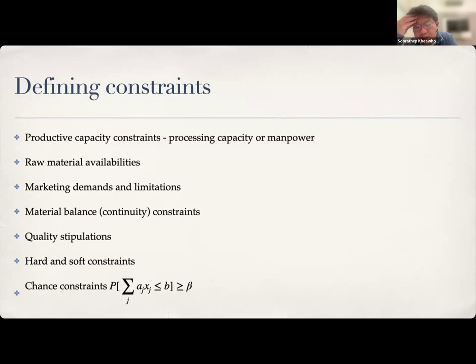For example, the probability that we meet the constraint is 0.8, something like that. That means 80% of the scenarios we consider, we can satisfy the constraint. This is a different way we set the constraint using chance or probability.